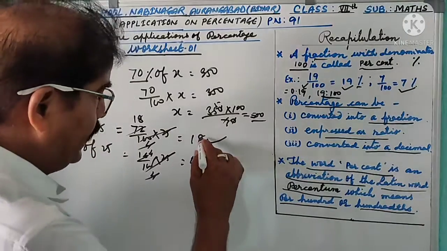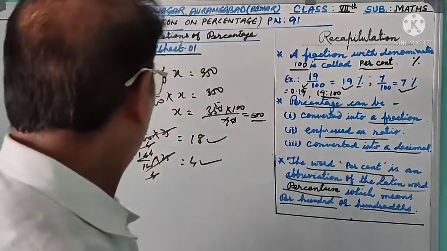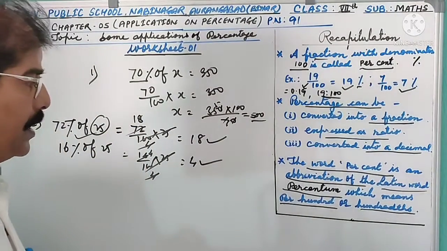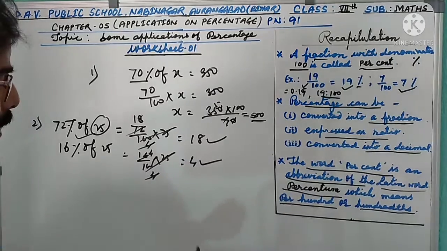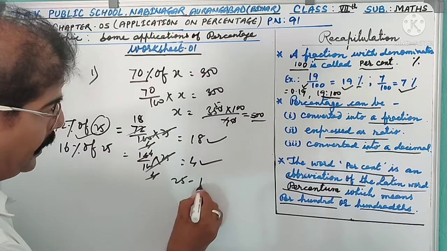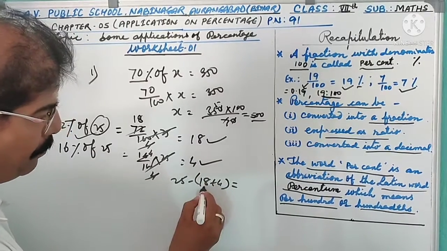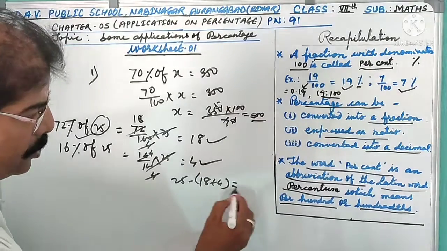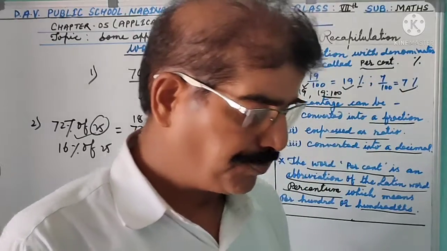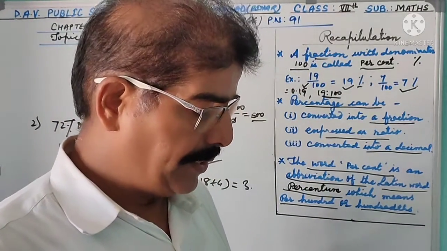So 18 read English newspaper and 4 read Hindi newspaper. Total number of persons 25. So the number of persons who did not read a newspaper is 25 minus 18 plus 4. That means 25 minus 22. That is 3. That means the number of persons who do not read any newspaper is 3.